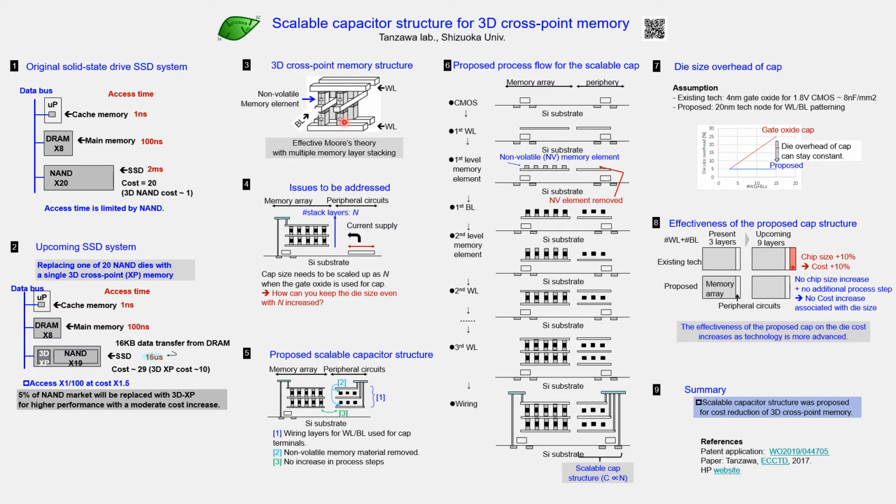In between, you will have a non-volatile memory element at the cross point. As you see, when you stack more layers, then you will have more bits per area.